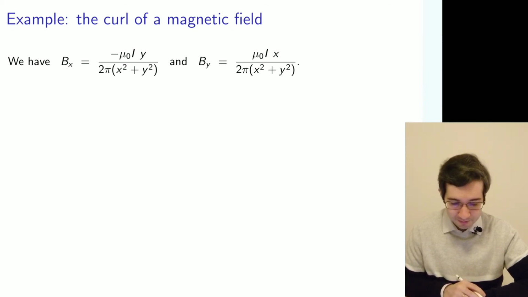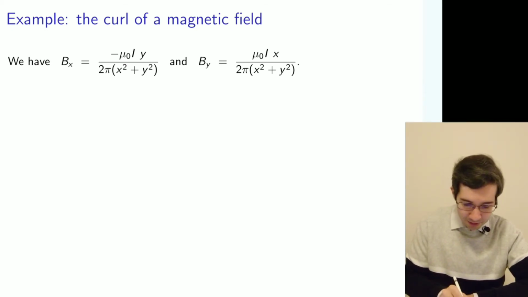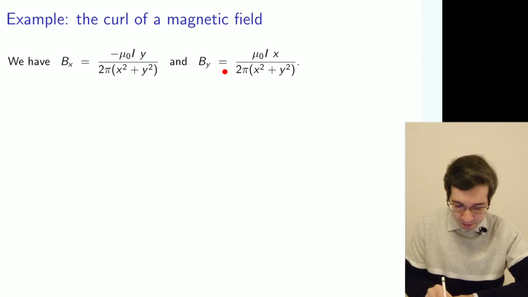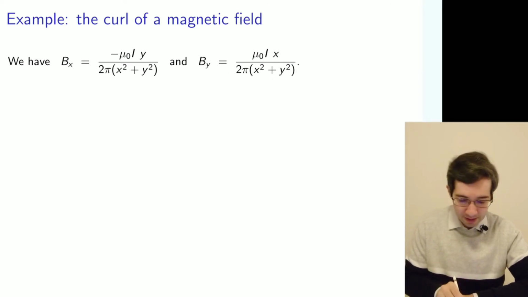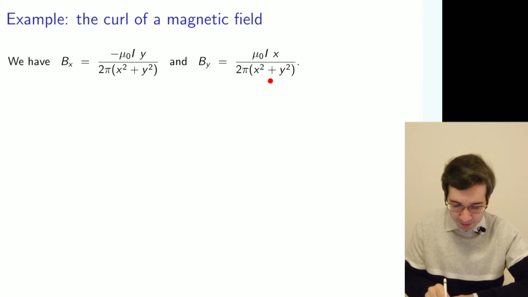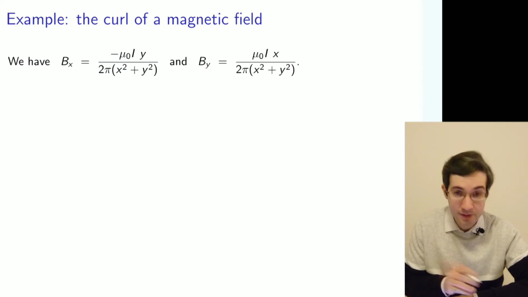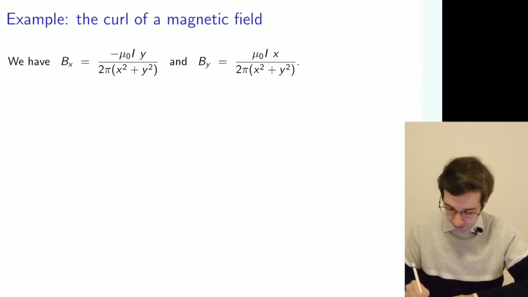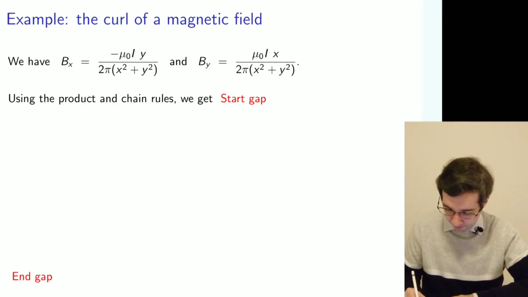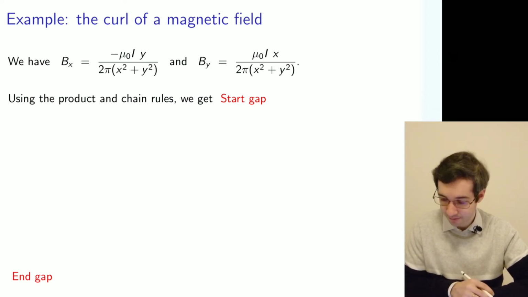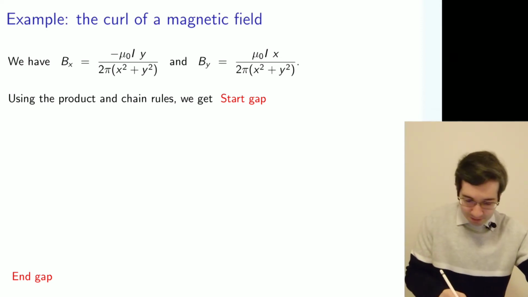Let's again write down as a reminder what the components of the vector are. Again, there's no z component, and the x and y components do not depend on z. Mu naught and I are constants, pi is the mathematical constant. Let's do it by using the product and chain rules.